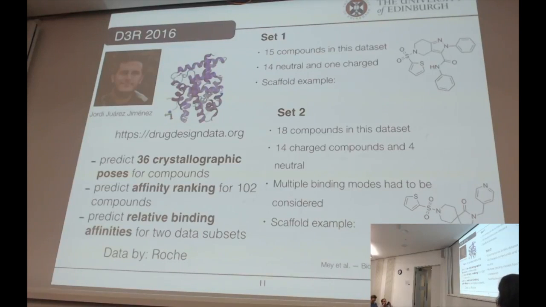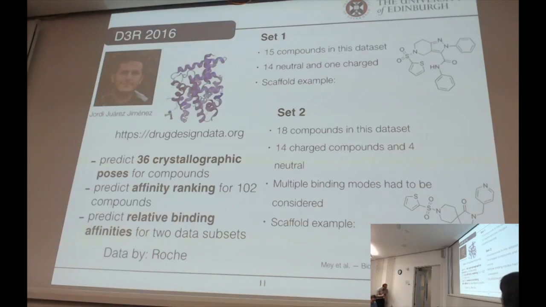For the 2016 set, the target protein was FXR, and the idea was to predict 36 crystallographic poses and rank 102 compounds and predict relative binding affinities for 2 subsets.